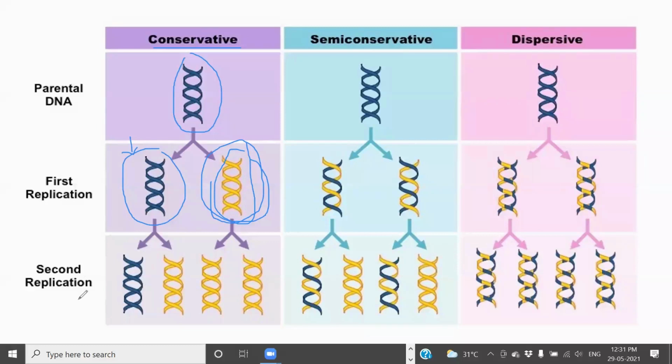In the second generation, or second replication, you can see the parental DNA molecule remains as it is, while new strands are synthesized. Here also, from the daughter DNA, two DNA molecules are synthesized, two daughter DNA molecules, and both are new.